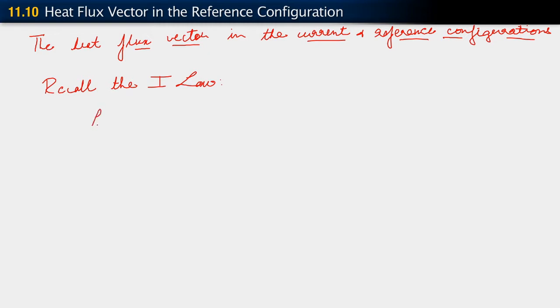We wrote it as rho 0 times the material time derivative of E bar with respect to t equals rho 0 times R bar, where R bar, if you recall, is the local heating, minus the divergence of the heat flux vector, and I believe there is a J here, plus J times the Cauchy stress contracted with the rate of deformation tensor.